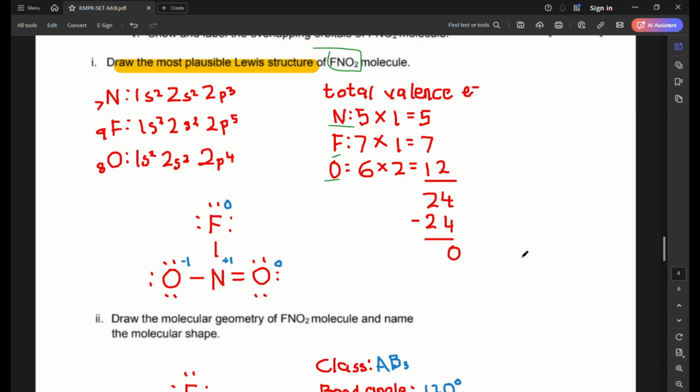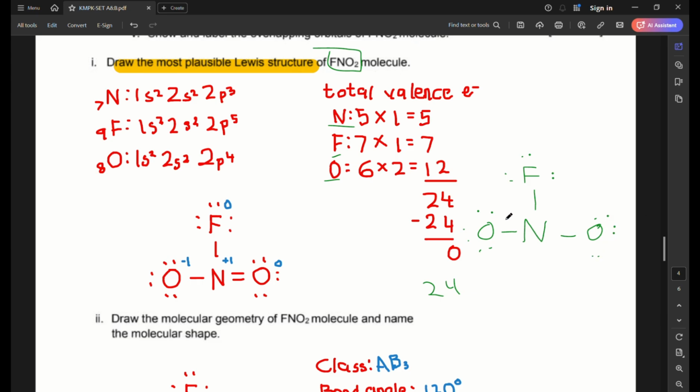So you should draw it first: O single bond N, single bond O, single bond F. And then, since there's 24 electrons here, we distribute the lone pairs, 1 2 3 4 5 6 on each.